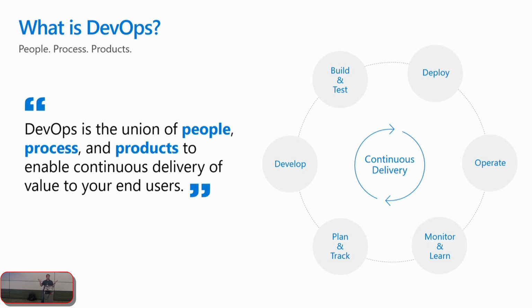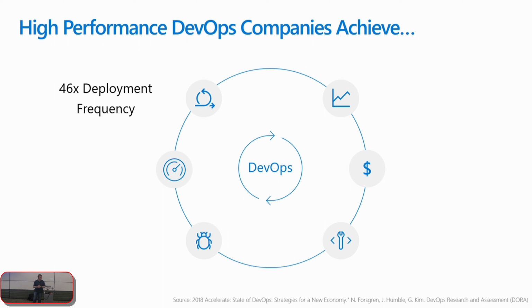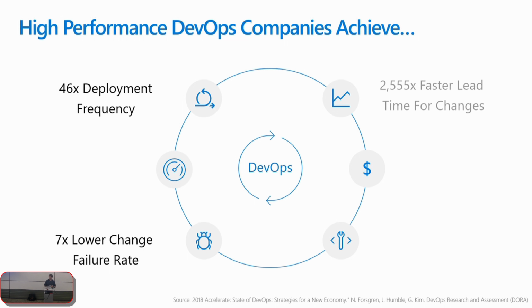Sorry, I've got to move my mouse. So when it comes to DevOps, some companies out there you can consider to be high performance DevOps companies. These are the ones who have been practicing it for a while and have been practicing it very well. There are a few stats here. For example, they have 46 times the deployment frequency of a team that's not performing DevOps type practices. 7 times lower change failure rate, so not bad.